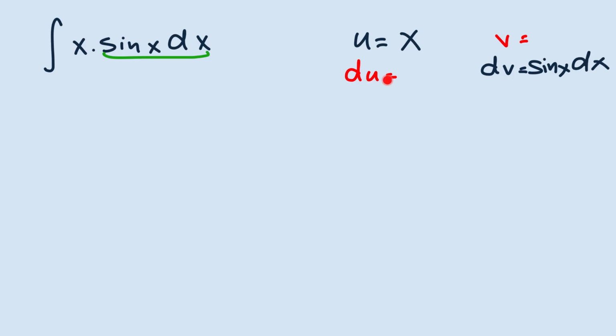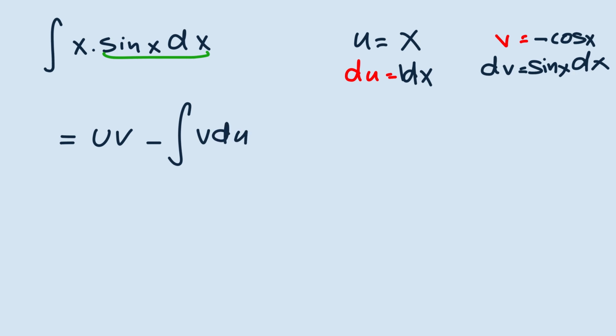Next, we have to find the value of du, which is the derivative of x. It will be 1 dx. And we have to integrate sine x to get v. The integration of sine x will be negative cosine x. Now let me rewrite the formula really quick. uv minus integral v du.